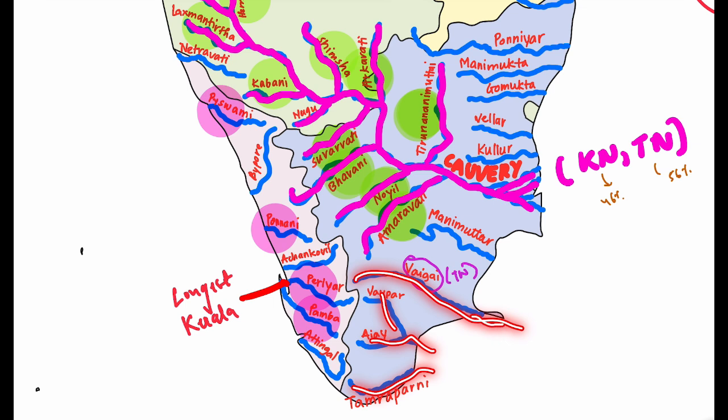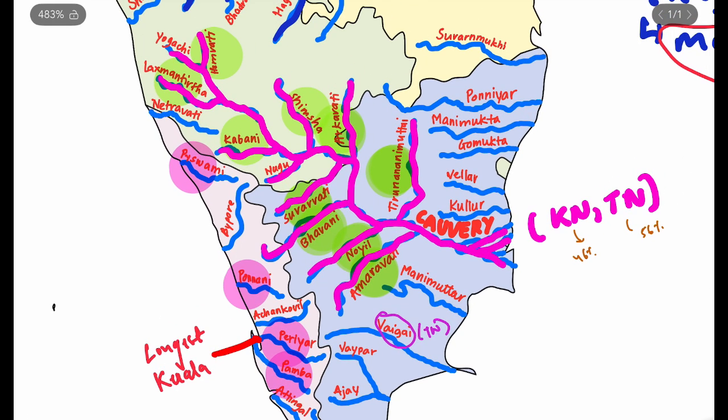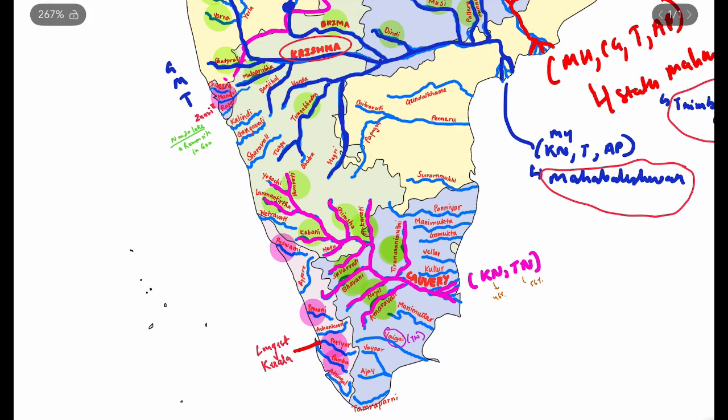Vagai is important, which flows in Tamil Nadu. Vagai flows in Tamil Nadu and Periyar is in Kerala. Just remember that. Manimuttar. Okay. Then Vellar, Kallur, Gomukha. These are not that much important. Survamukhi. So these are not that much important. Okay. Hope this is clear.